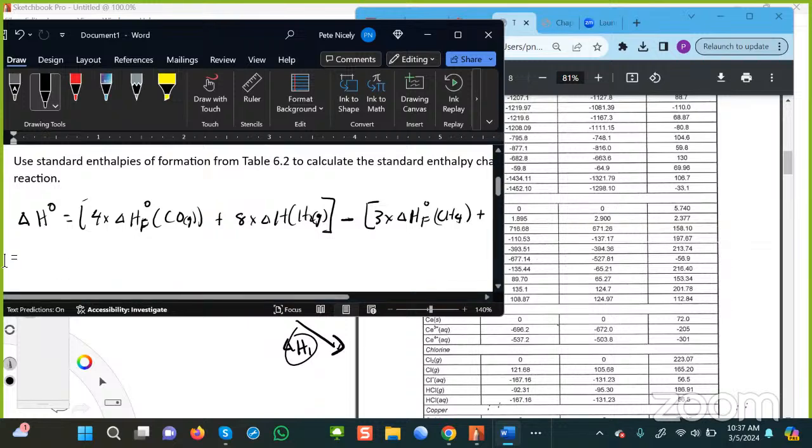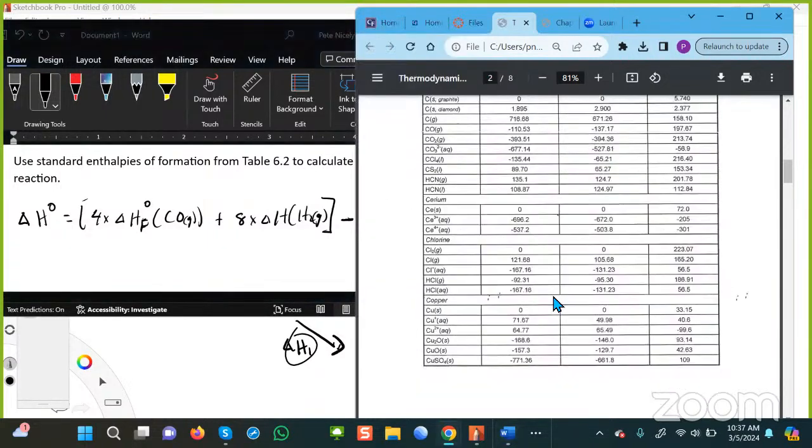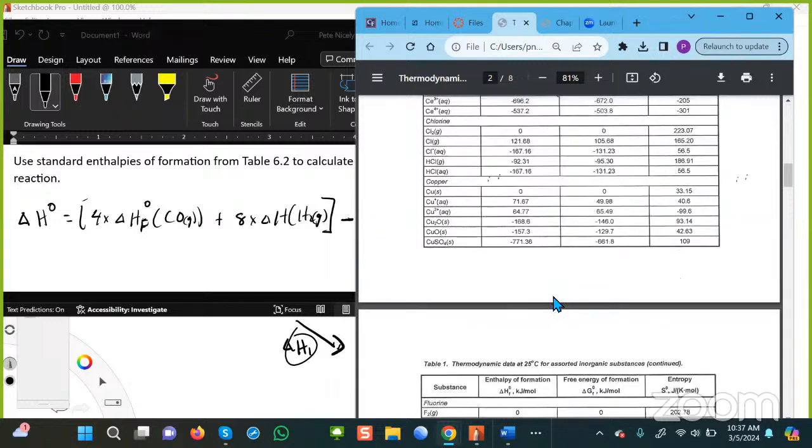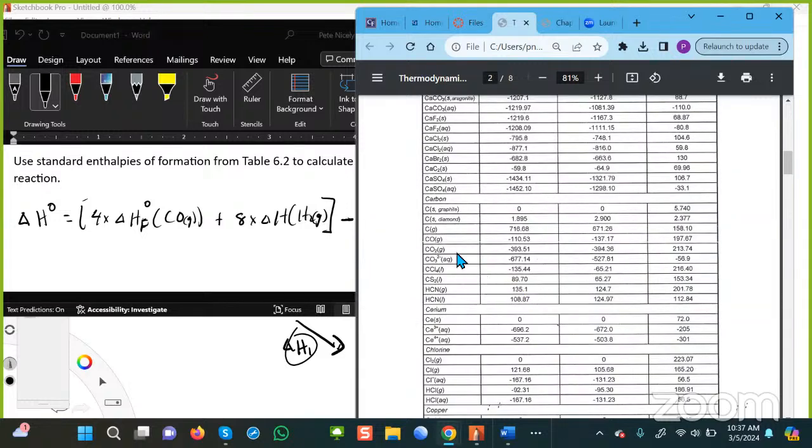Okay, so the first thing I'm going to do is look up the value of the enthalpy of formation of carbon monoxide. So, as I said before, I think this is in alphabetical order, so that should be, okay. So here's a value for carbon monoxide.